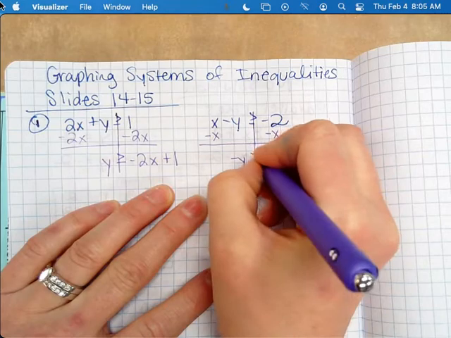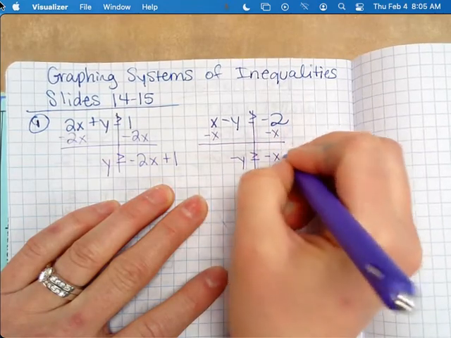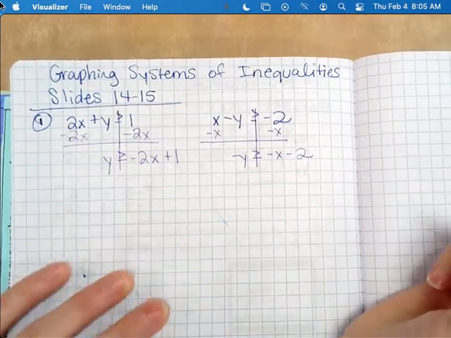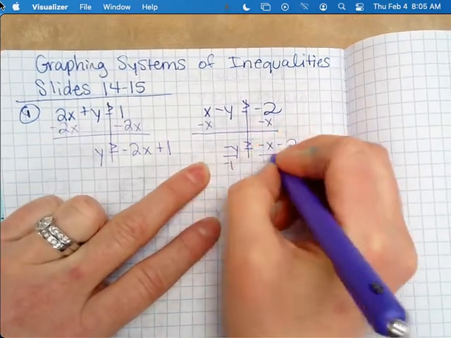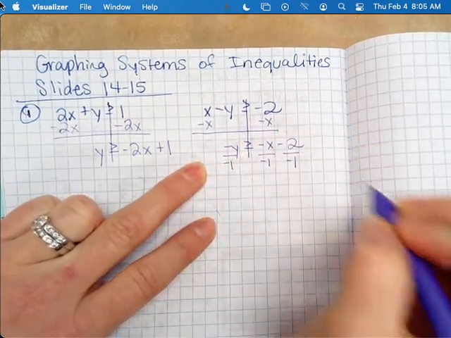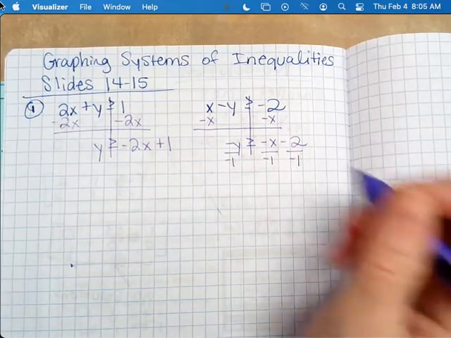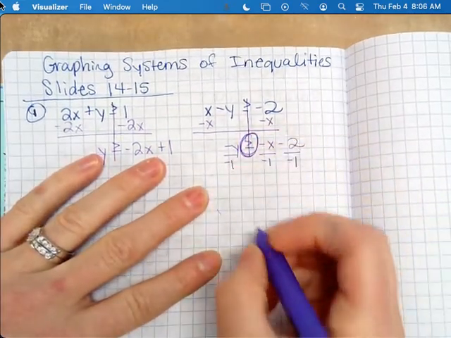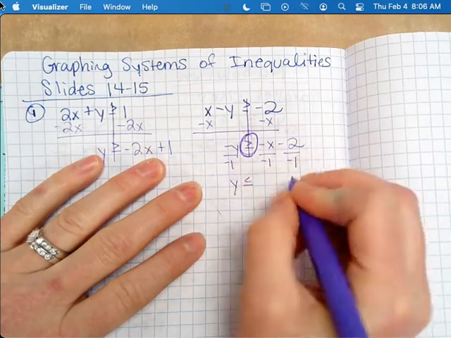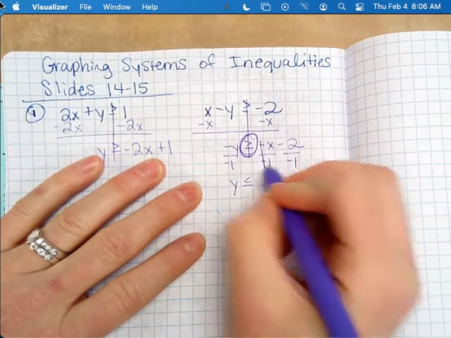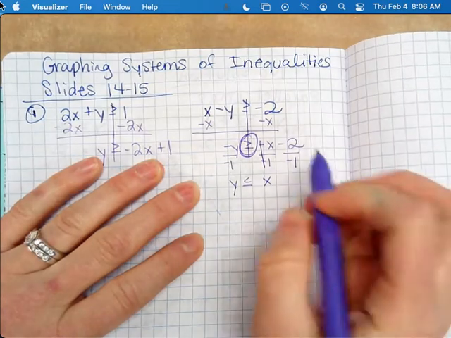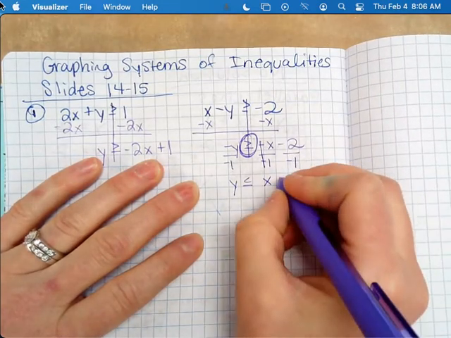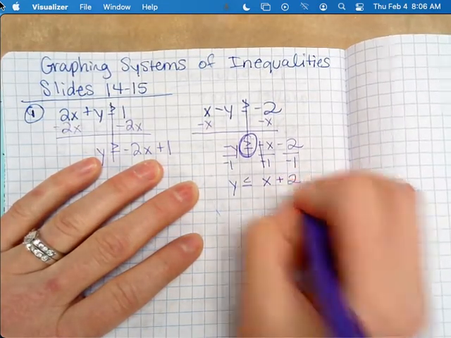Negative y greater than or equal to negative x minus 2. And then we need to get rid of this negative, so we're going to divide by a negative 1. What do we need to remember anytime we divide by negative? Yeah, flip this sign. So it's now y is less than or equal to negative over negative becomes positive x over 1 is just x. Negative 2 over negative 1, just positive 2.